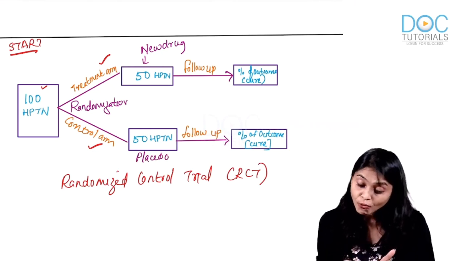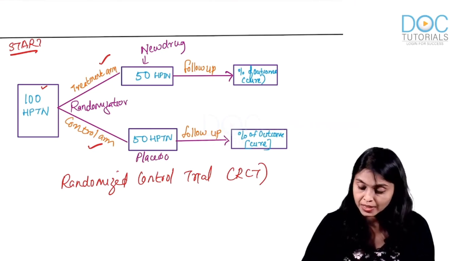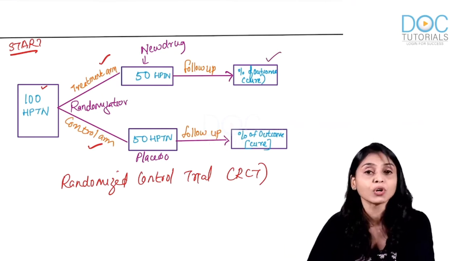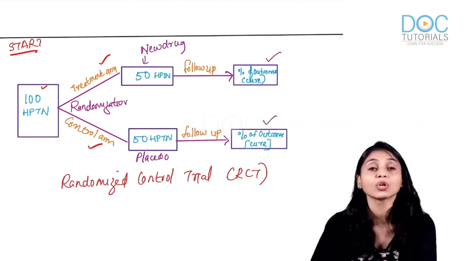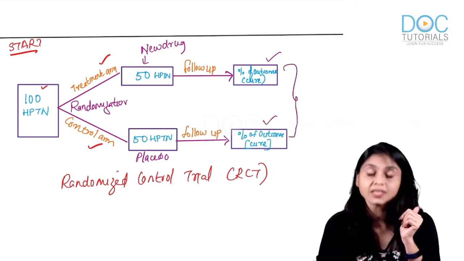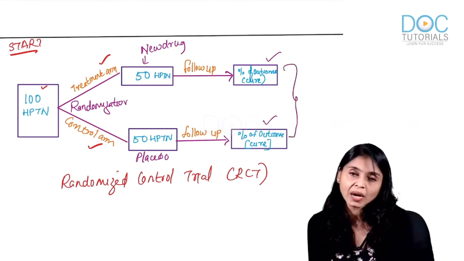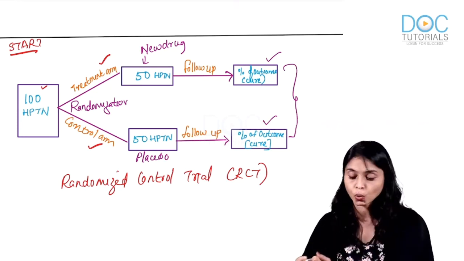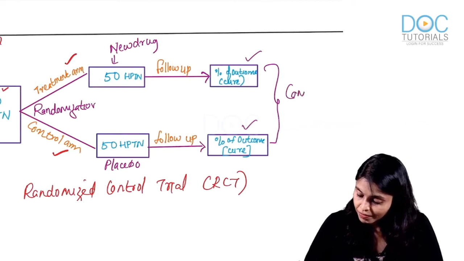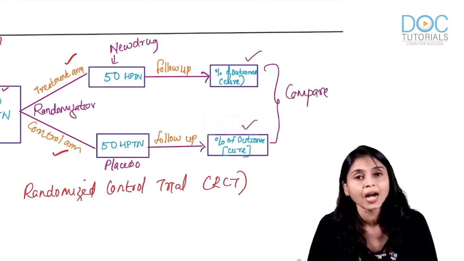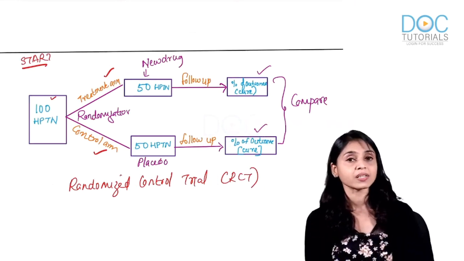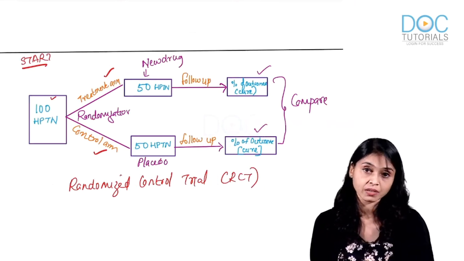And you are following them in the future to see what percentage got cured because of your new drug and what percentage got cured because of your placebo, and this difference in the rate of outcome among the treatment arm and control arm is what you compare in a RCT. Are you with me? So this is the design of an RCT, which is again an image-based question.